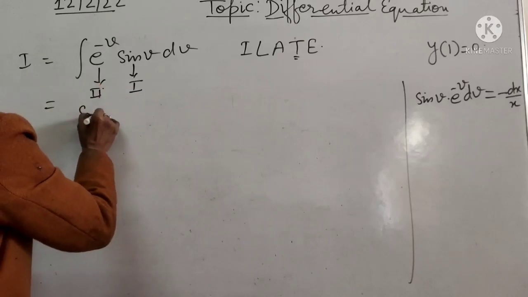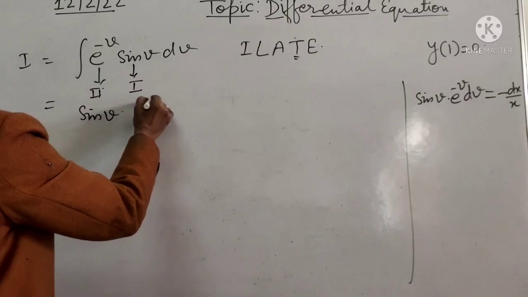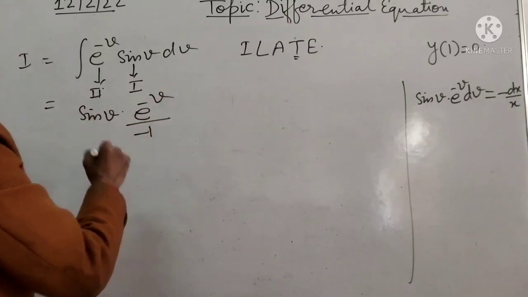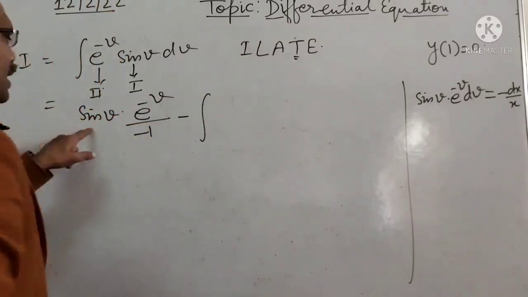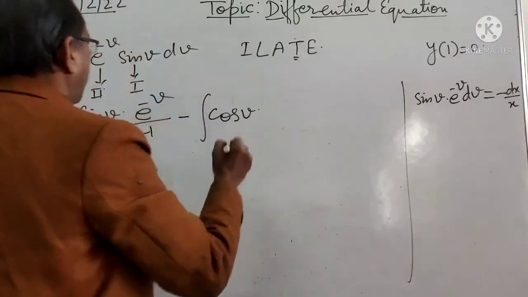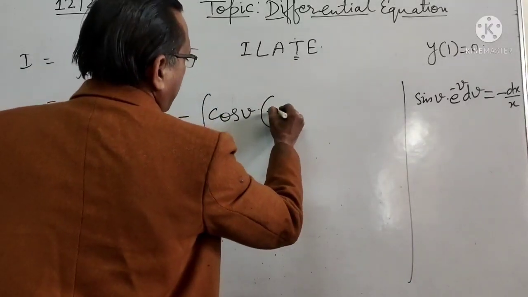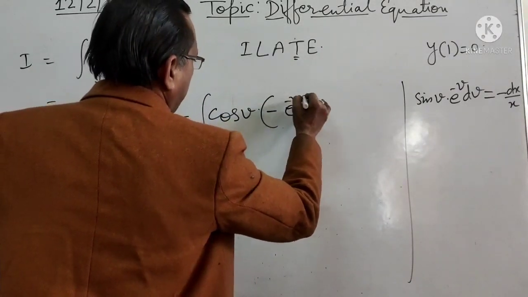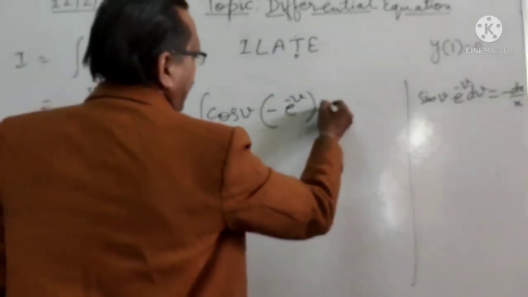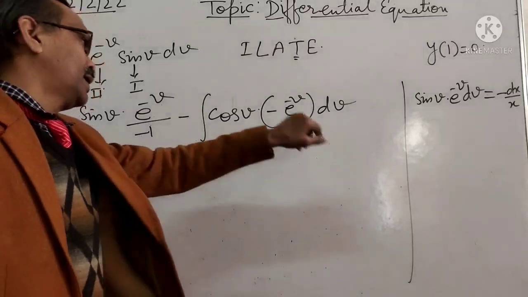So sin v as it is, integration of e power minus v is e power minus v upon minus, minus integration. Derivative of sin v is cos v. Then integration of e power minus v is minus e power minus v dv. Now we will integrate it further.